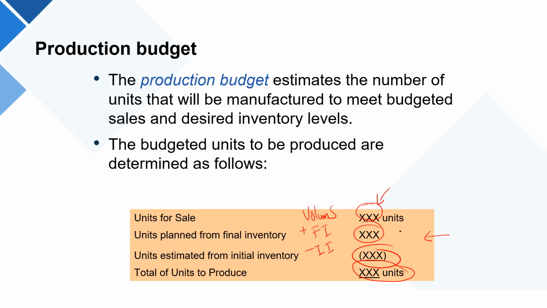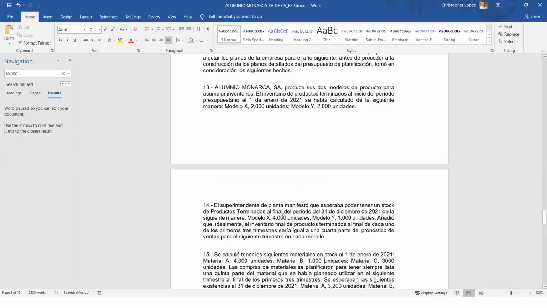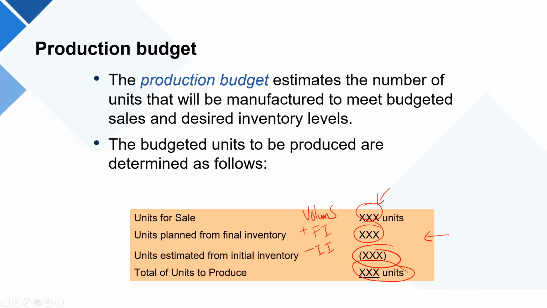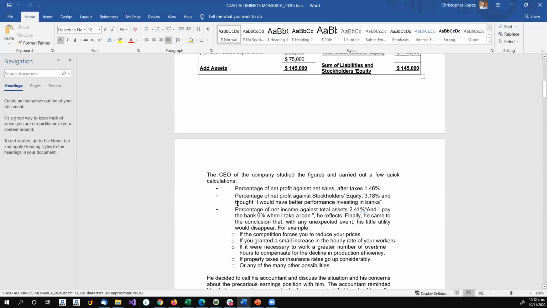My next question is, where can you find these inventories inside the case? Well, there was a paragraph that mentioned that they had produced too much or something like that, right? Maybe in the balance sheet you can find the inventories.